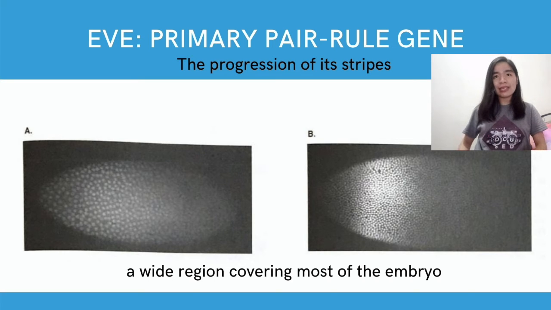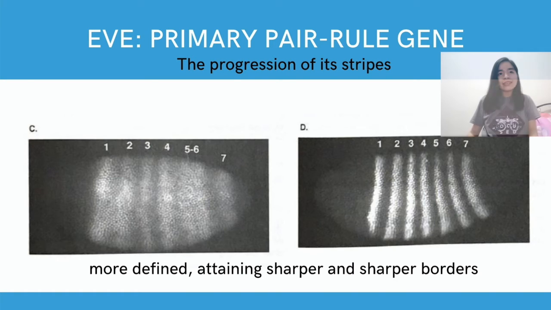As you can see in the slide, it is first expressed in a wide region covering most of the embryo. Then, a single broad fuzzy band appears, which narrows and sharpens to become the first of 7 stripes. Then the remaining 6 stripes appear pretty much at the same time.